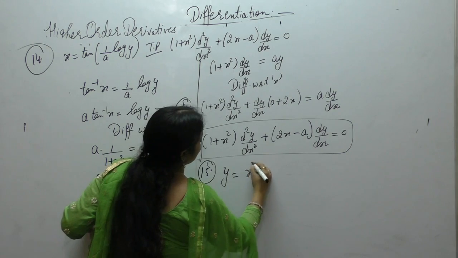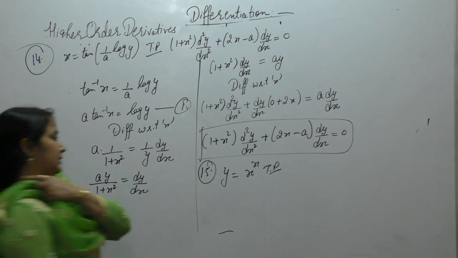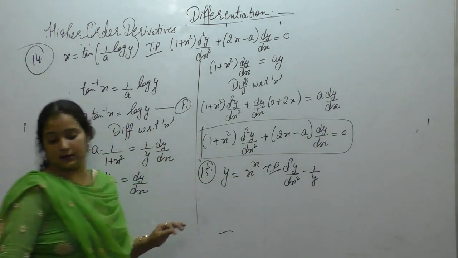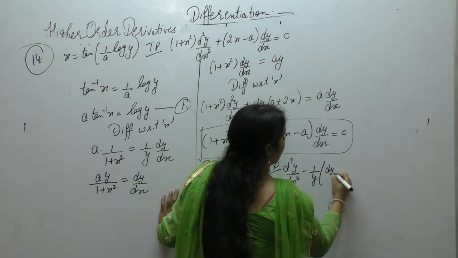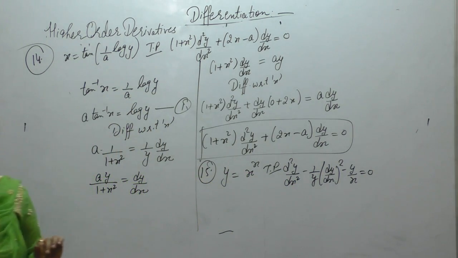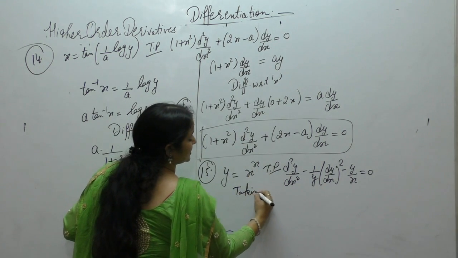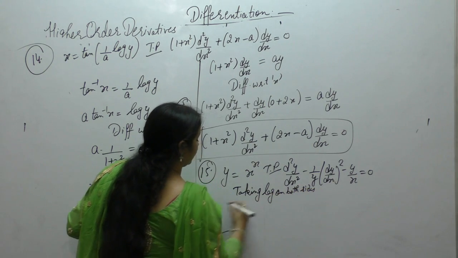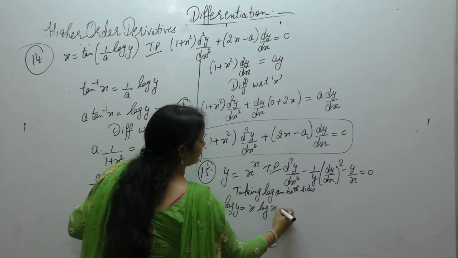Next is, if y is equal to x power x, then prove that d square y upon dx square minus 1 upon y (dy upon dx) whole square minus y upon x equals 0. Here the variable is in the power, so first take log on both sides. What we get, log of y equals x log of x.